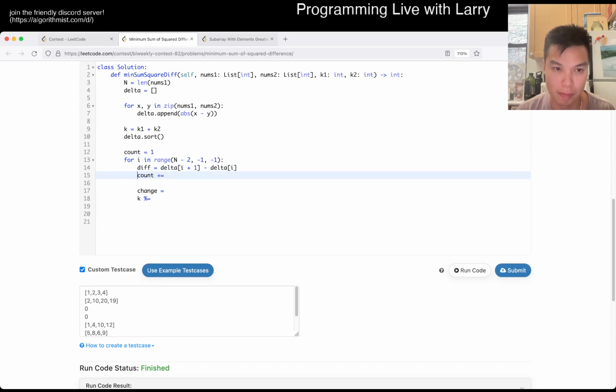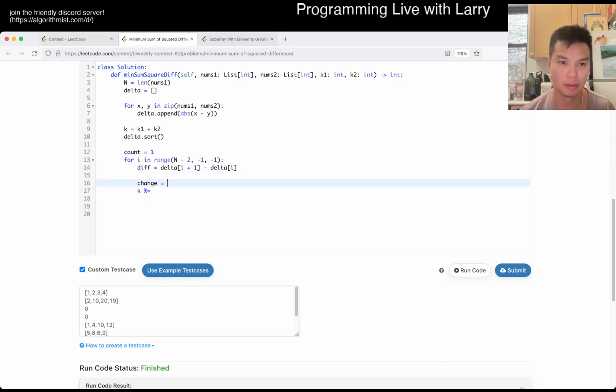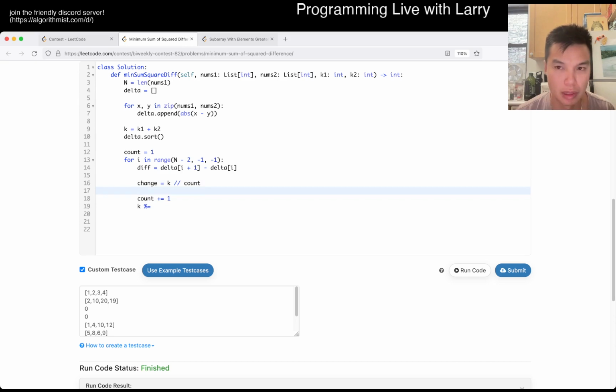No, not yet. Basically, here we go. So the difference, we have K. Let's go. Right.